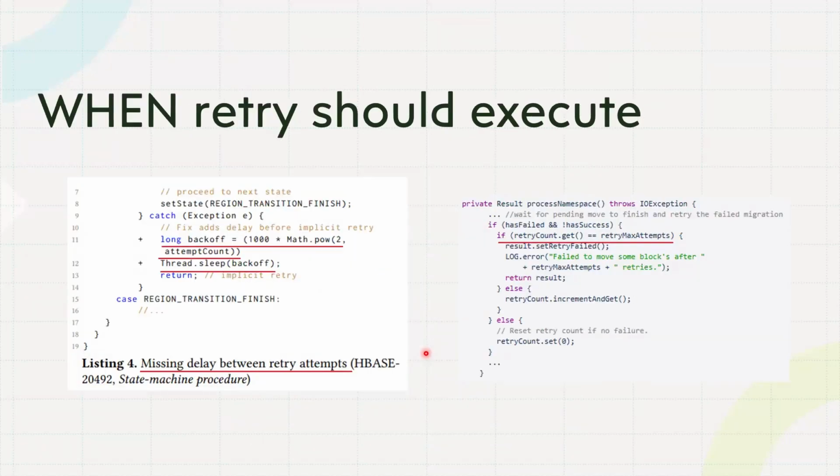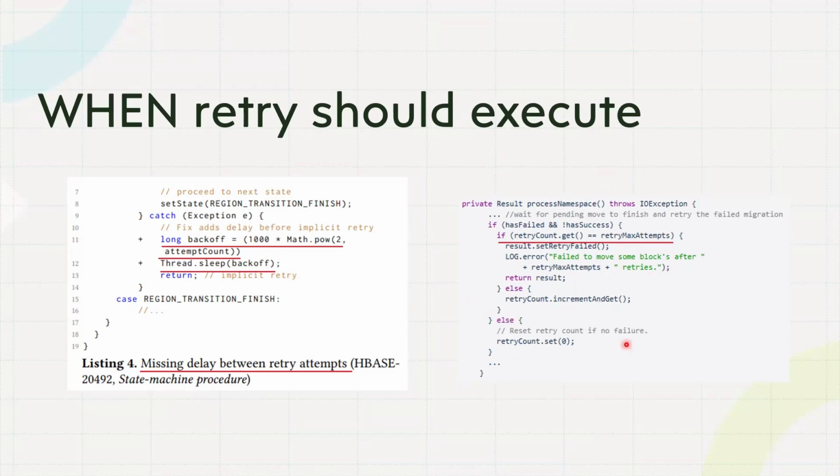So when a retry should be executed is also crucial. For example, in this HBase issue, they found that the retries were happening instantly after failing, and they didn't have any backoff to prevent overflowing the system.